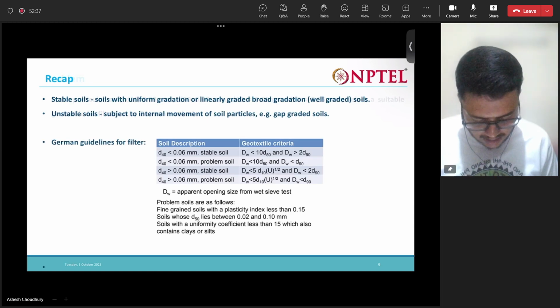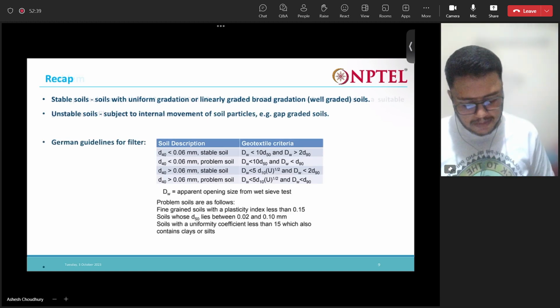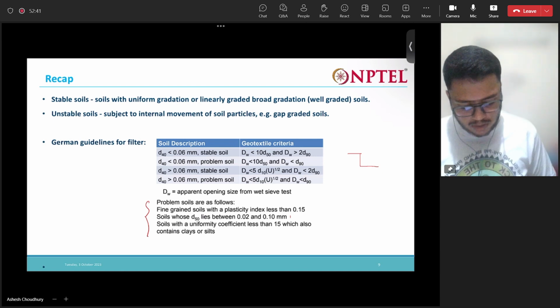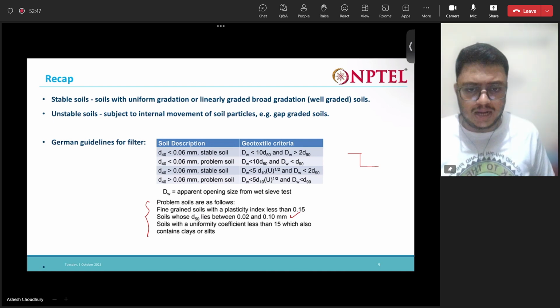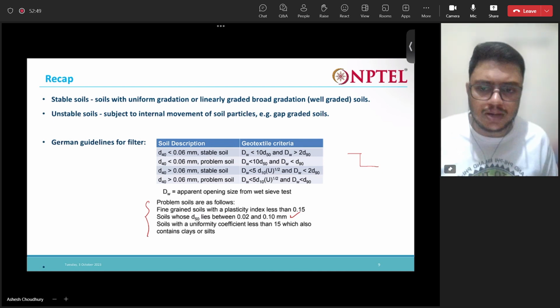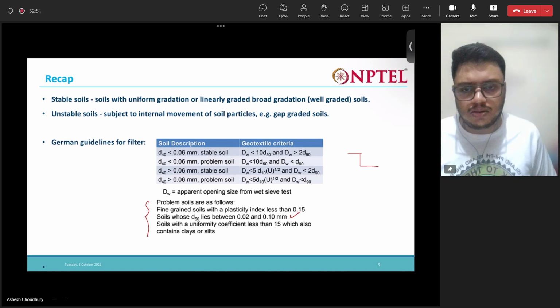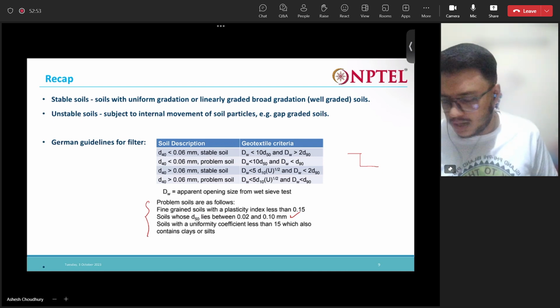Let us see. Now D50 should actually lie between what? If the D50 lies between 0.02 and 0.1 mm, that means what? The soil is a problem soil, right?